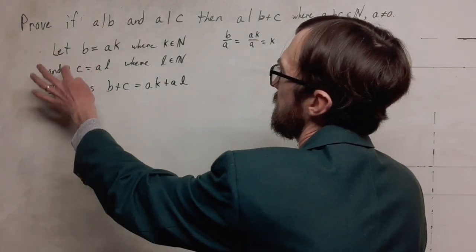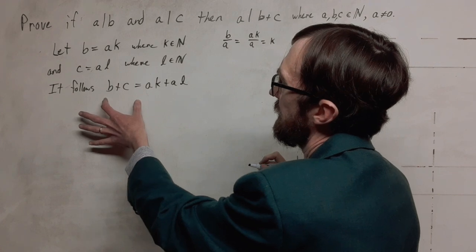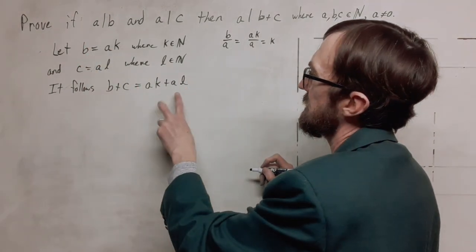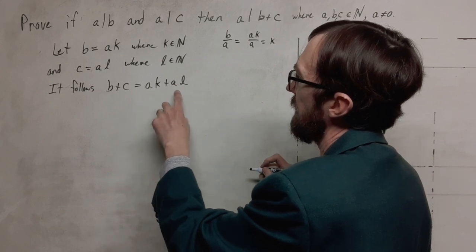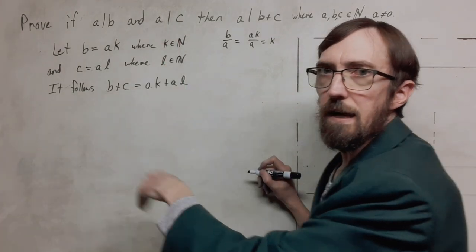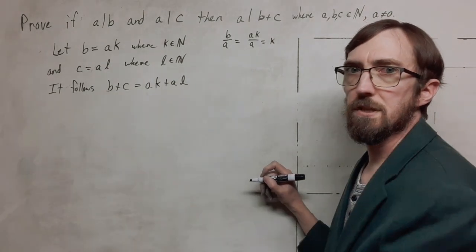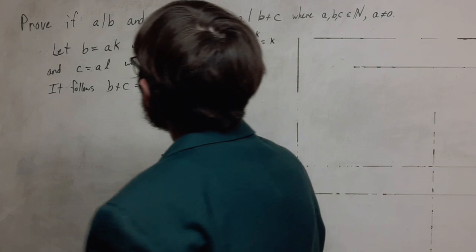If we take the left-hand sides and add them together, then we have to take the right-hand sides and add them together. But then notice that there's a common term of A, so we can factor that A out. If you know what the distributive property is, we're essentially reversing the distributive property.